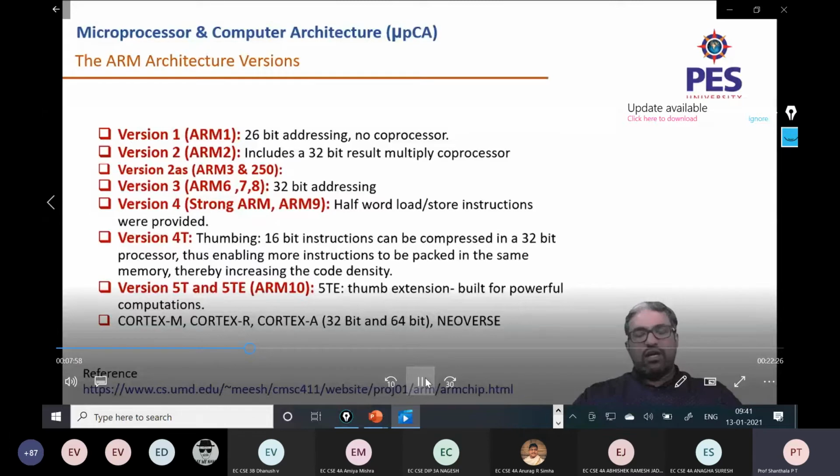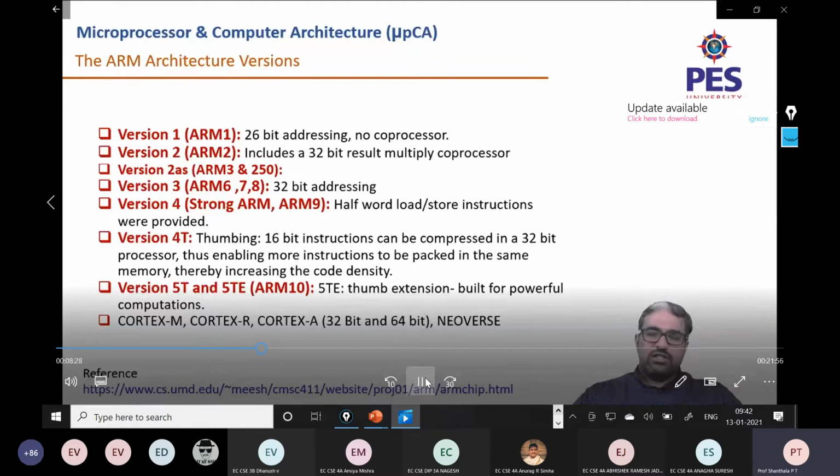Previously, we did not have the multiply instructions, which were embedded in the ARM2 processors. Then ARM9, StrongARM and ARM9 were able to work on half word, that is 16-bit, if you consider 32-bit as a single word.